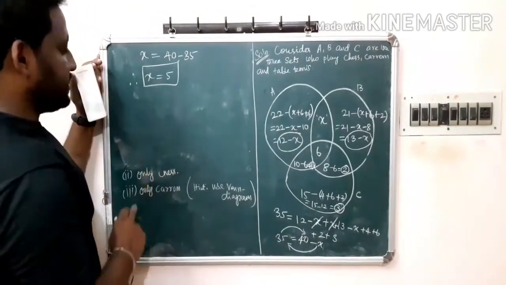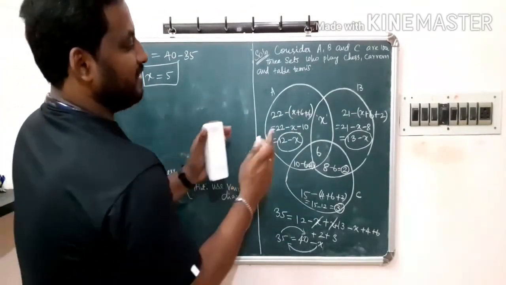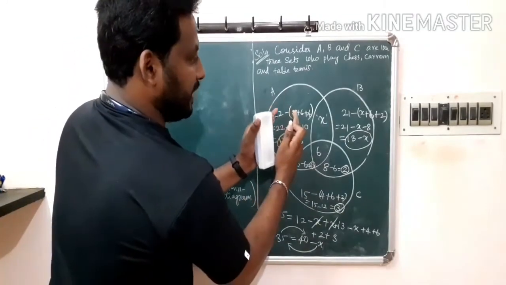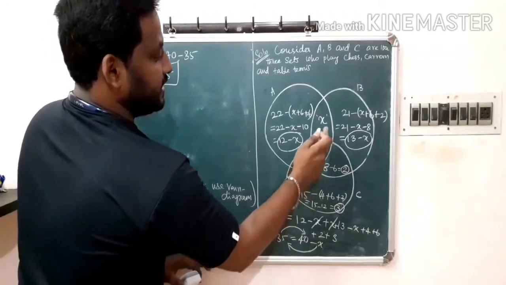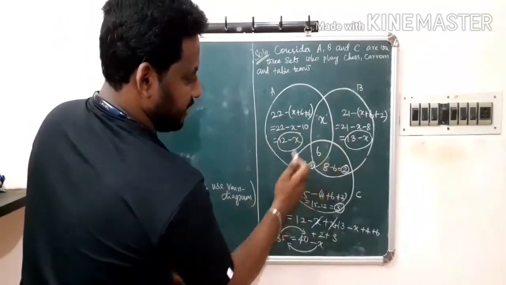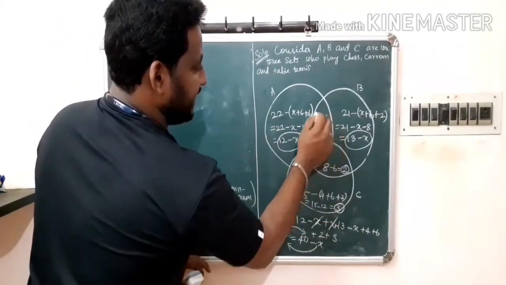Clear? The first question is we have to find the value of those who are playing only chess and carom, not table tennis. So chess and carom but not table tennis means we have to write the x value alone.